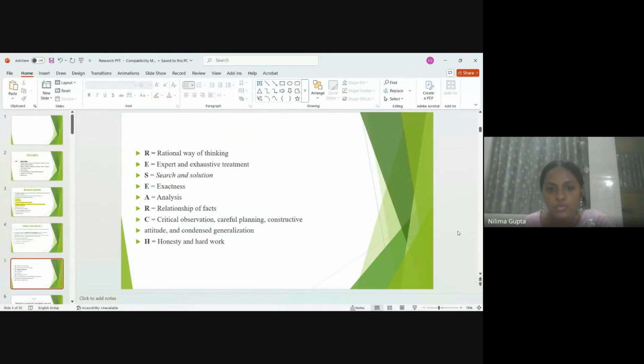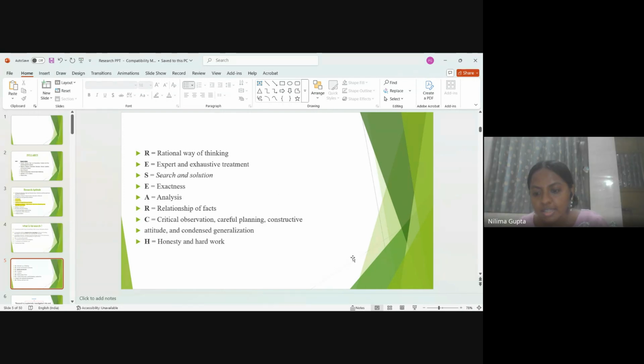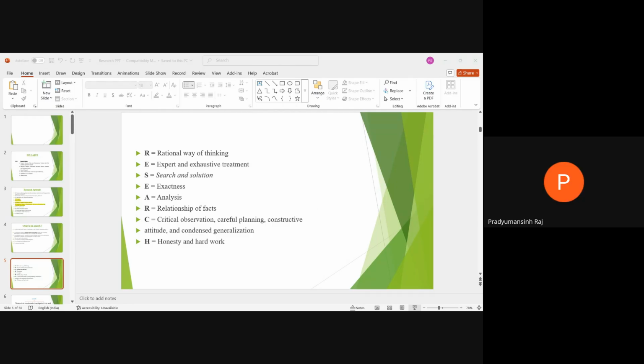Now moving forward, here there is a small acronym and a meaning of the whole research. Madam, would it be possible to take it on a presentation mode? Yes, I did try it, but when I'm trying it on presentation mode, I think the screen is not available for you to see. I have kept it on presentation mode, but I think it is not visible. We aren't able to see it.